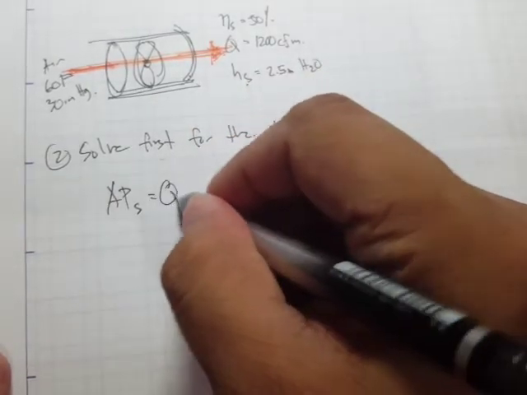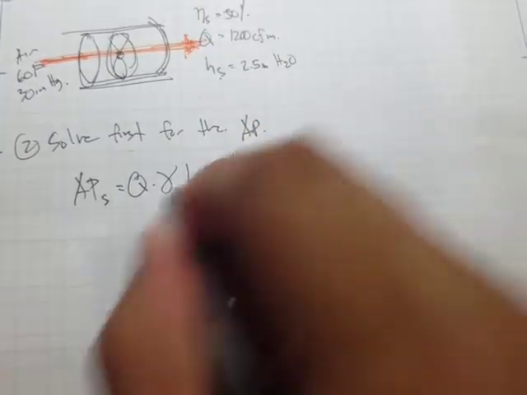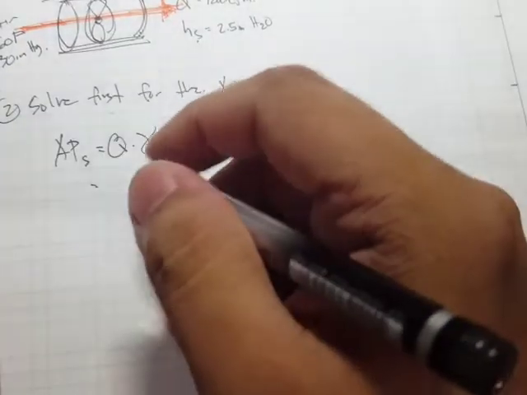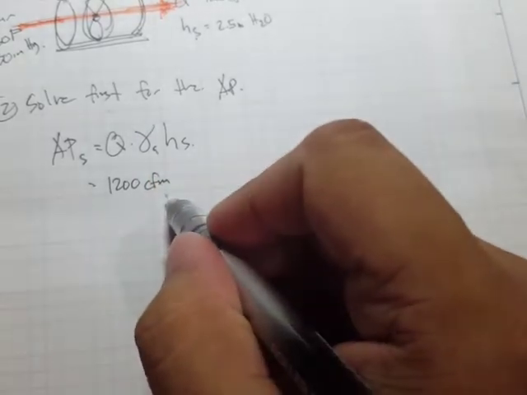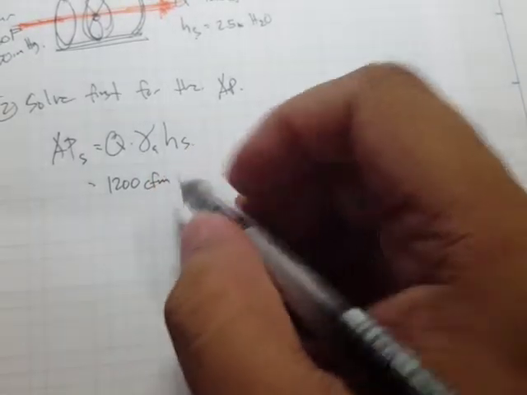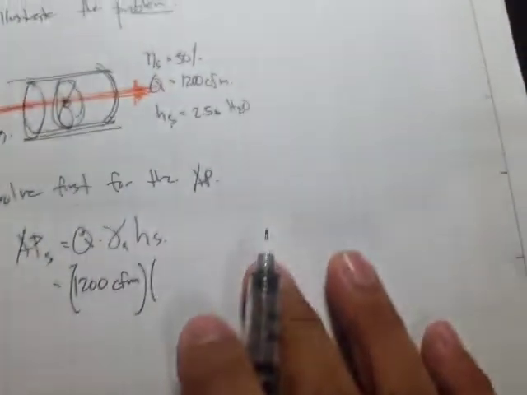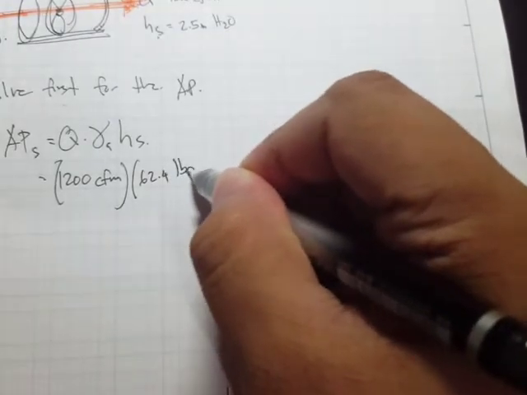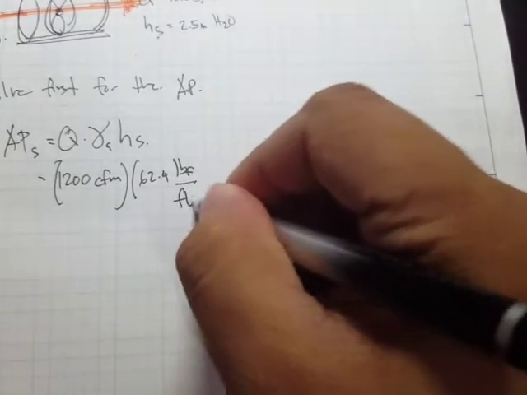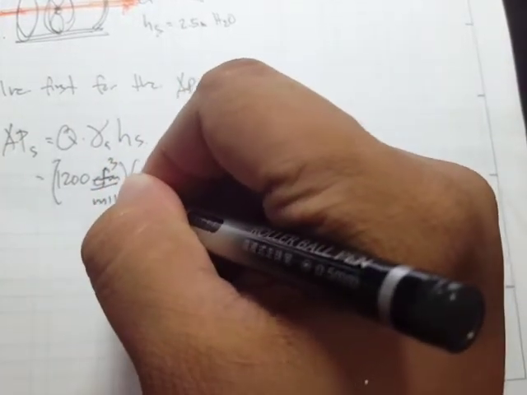we solve for a static air power. So this is Q times the unit weight of air times the static head. So Q is equal to 1200 CFM, that's cubic feet per minute, right? And times the unit weight of air, but take note we are in English units, so this is 62.4 pound force per feet cube.